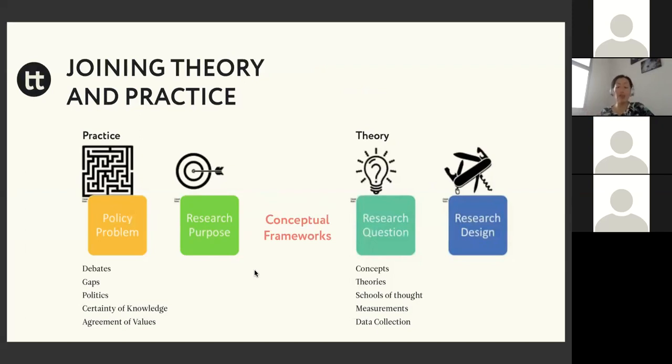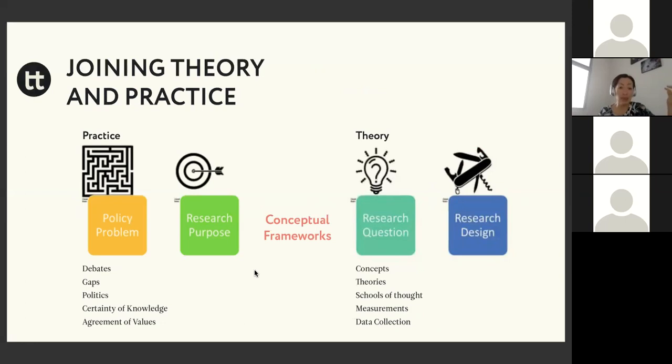The theoretical part is what are the research questions and the research design that we will put forward to respond to that practical side of the equation that we see in the policy arena. And here in the theoretical part, we're thinking about what type of concepts we use, what type of theories, what schools of thought we will use, how we measure, how we collect data.